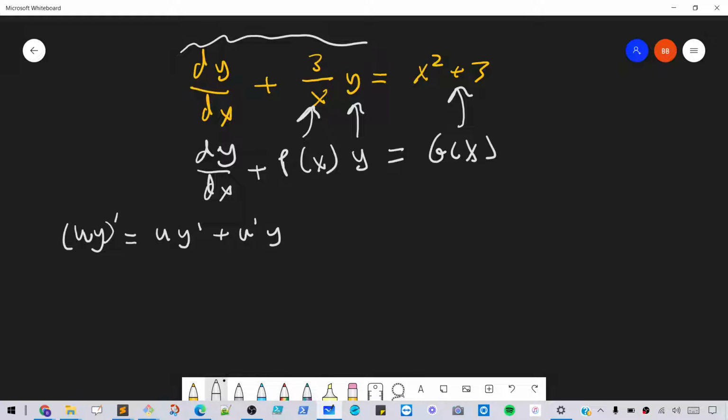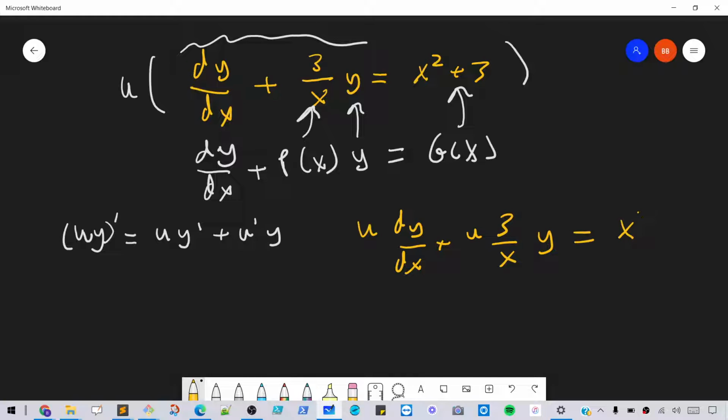plus this. So that means, let me just multiply through the problem by u, and we're going to have u dy dx plus u times 3 over x times y equals x squared plus 3 times u.